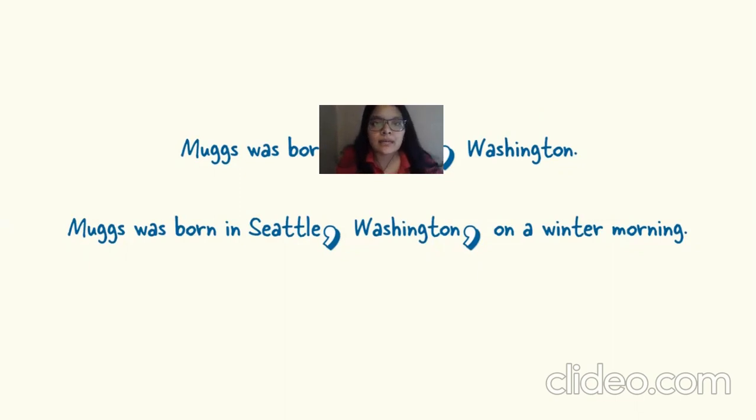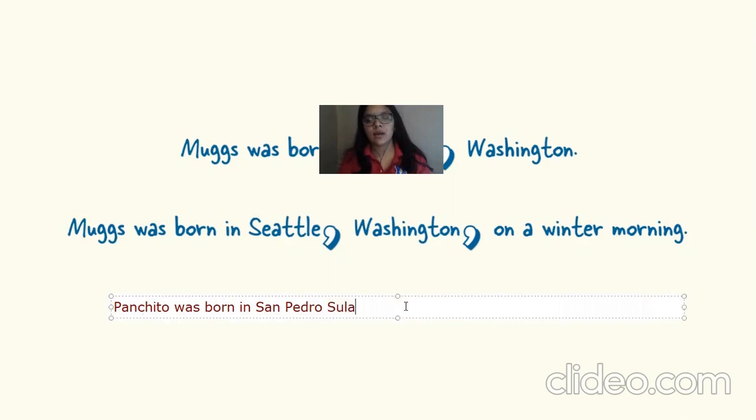I'm going to write it so you can see it mejor. Okay, Panchito was born in San Pedro Sula. What am I going to write? Comma. Cortés, comma.